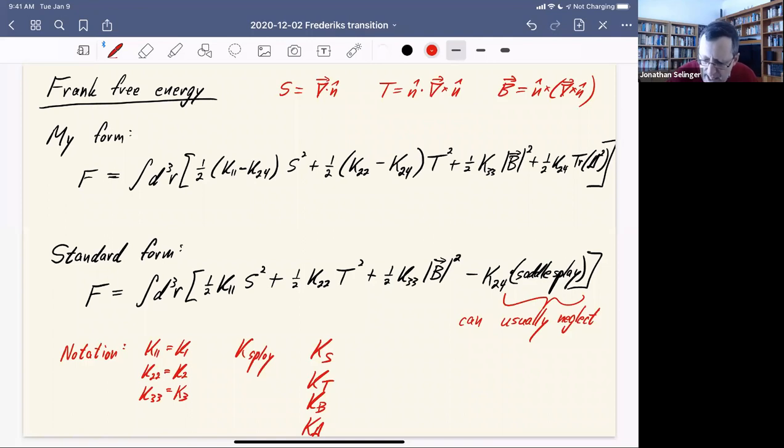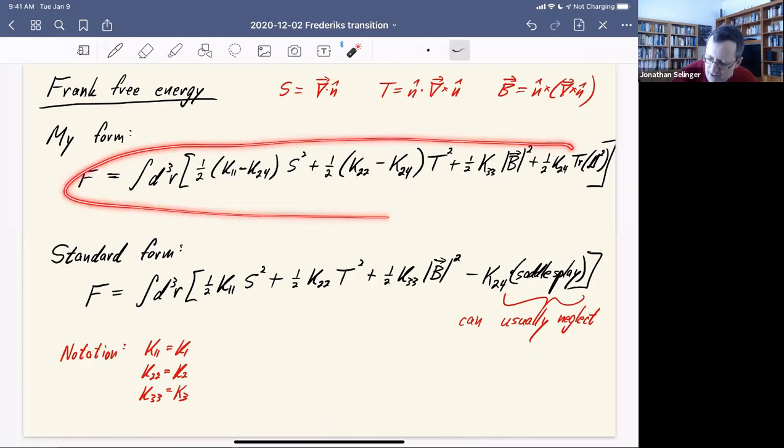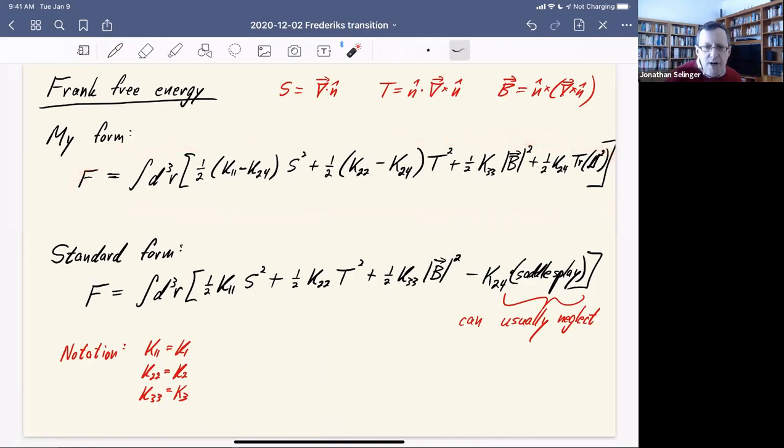Okay, so in the class last time, I showed you my own personal notation that I love so much for how to write out the Frank free energy in terms of these four modes: splay, twist, bend, and delta.